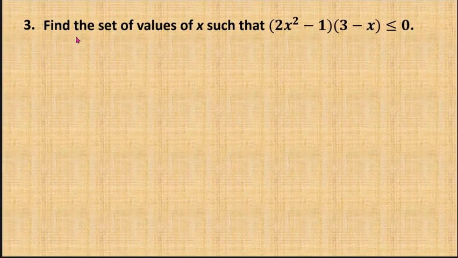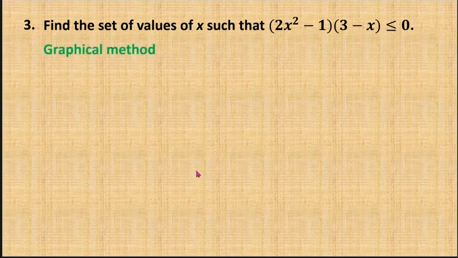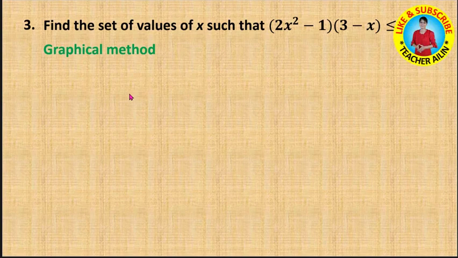Next example, find the set of values of x such that the polynomial is less than or equal to 0. First, I try to use the graphical method. Then I need to sketch the graph. When sketching the graph by using the technique that we have learned before, the polynomial should be in the form of linear factors.